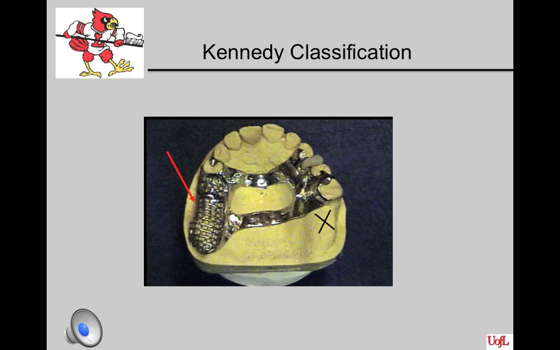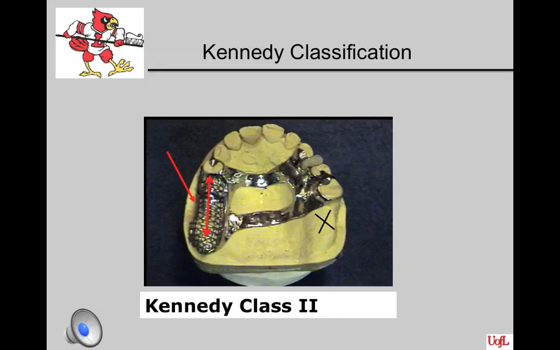We have a unilateral edentulous area posterior to the remaining natural teeth. This is the definition of the Kennedy class. It's a class 2. We have one other edentulous area that is to be filled, and it has a little tube tooth that has been placed in it over here by the other arrow. Therefore, we have a Kennedy class 2, modification 1.